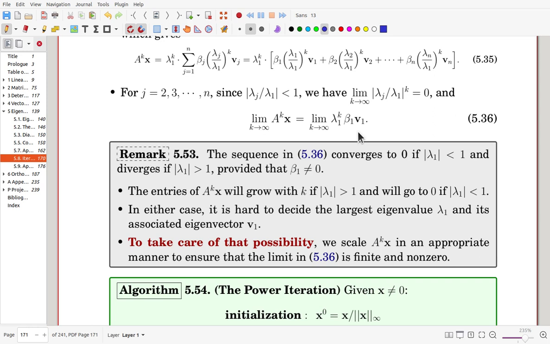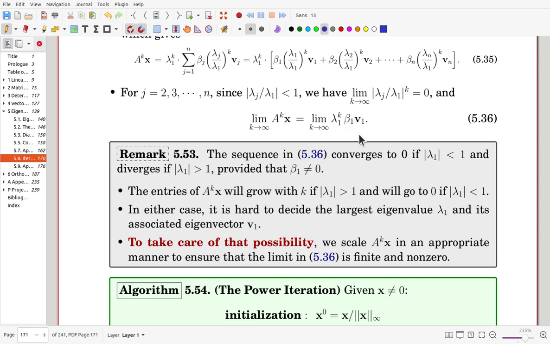To take care of that possibility, we may try to apply some scaling. So in each multiplication by A, we try to scale out.